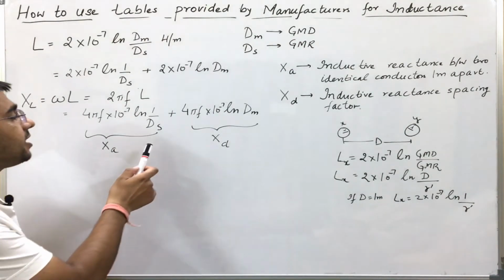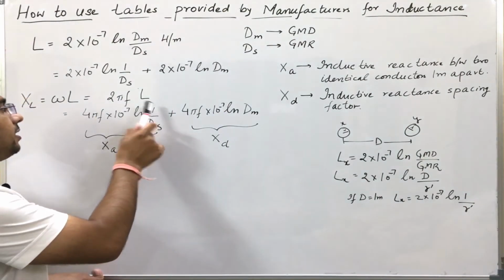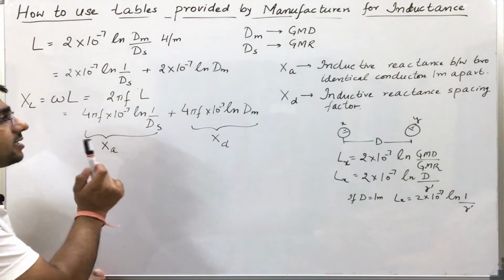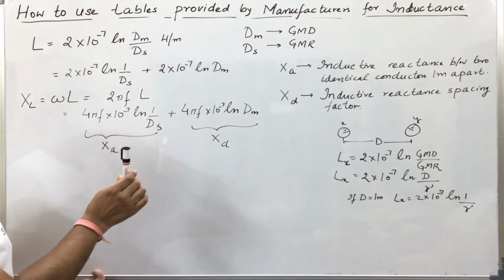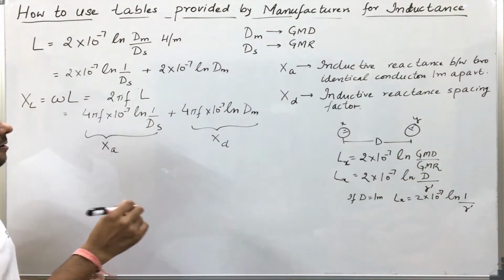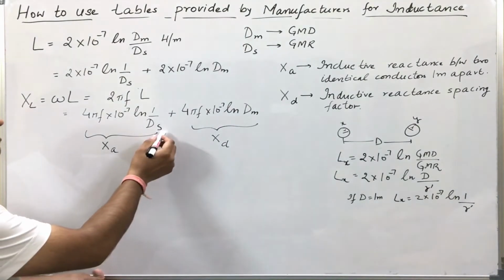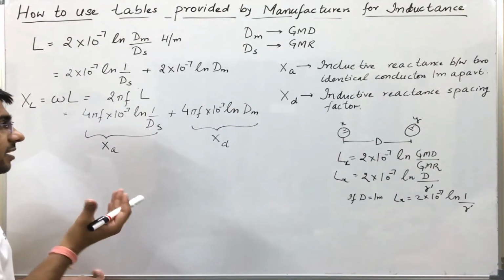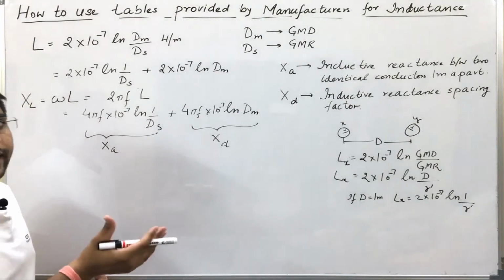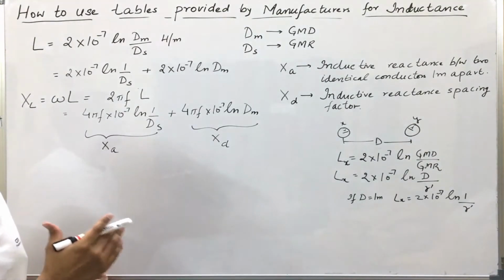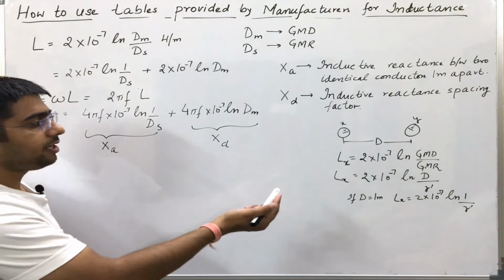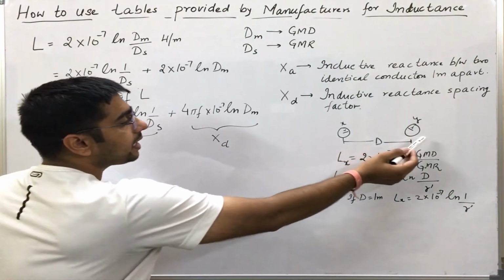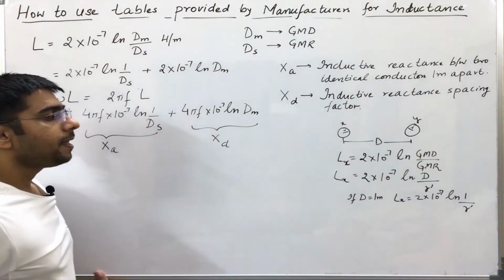If it is being measured in feet, then I will write Xa as inductive reactance between two identical conductors 1 foot apart if Ds is in feet. If Ds is in meter, then I will use it as inductive reactance between two identical conductors which are 1 meter apart.